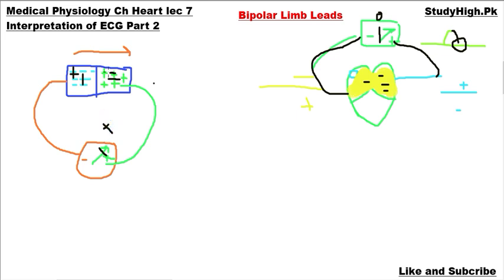It means that its potential is zero in this case. Likewise, when all the cardiac muscles are in depolarized form, there will be no deflection, and this wave will touch the zero horizontal line on the electrocardiographic recording paper.